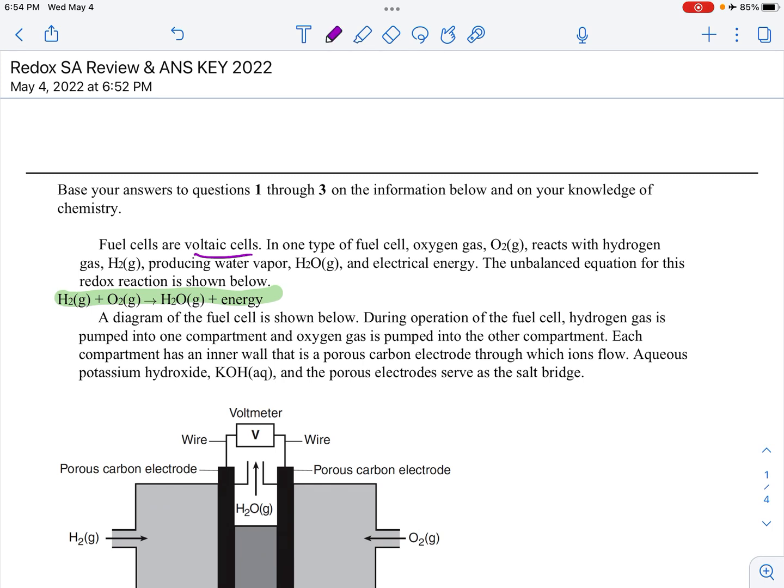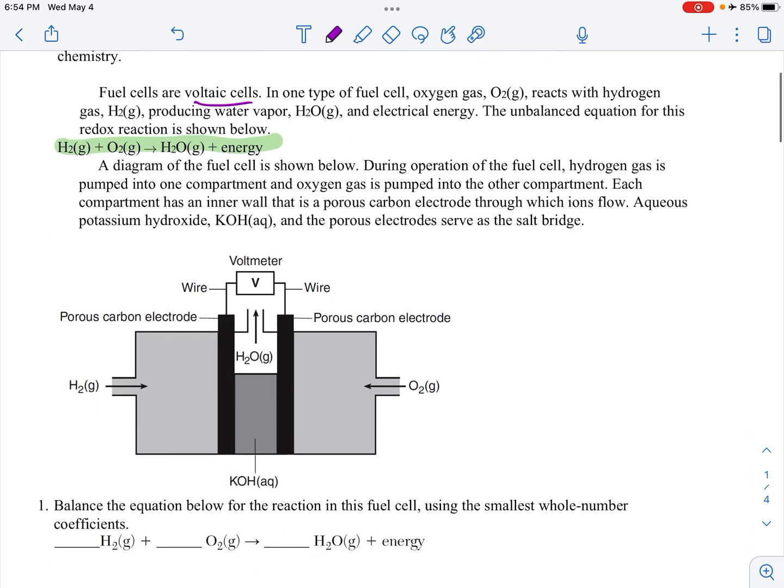During an operation of the fuel cell, hydrogen gas is pumped into one compartment and oxygen gas is pumped into the other. Each compartment has an inner wall that is a porous carbon electrode through which ions flow. Aqueous potassium hydroxide and the porous electrodes serve as the salt bridge. Here's the diagram.